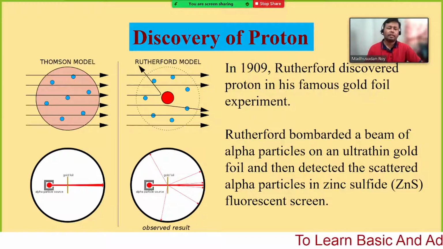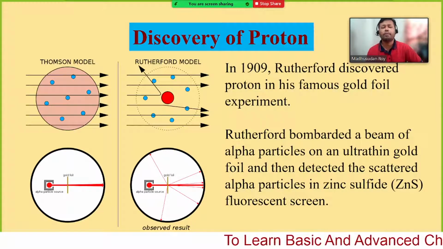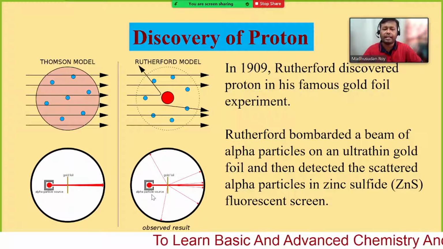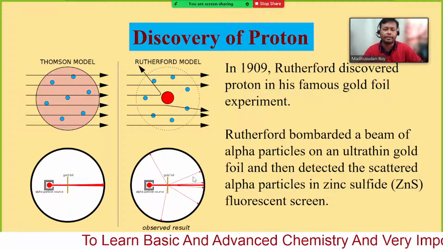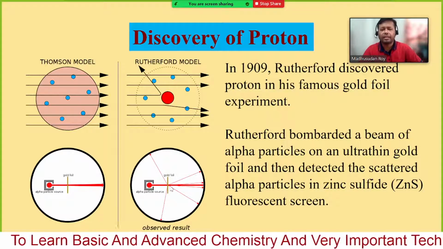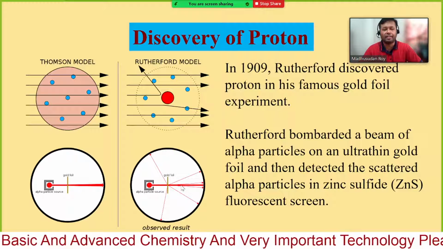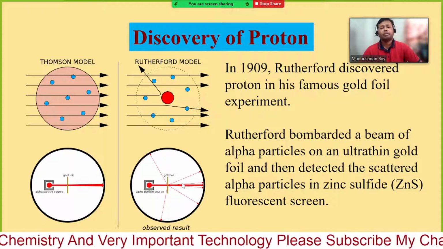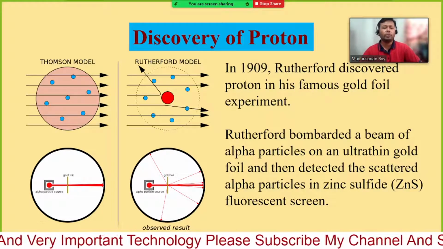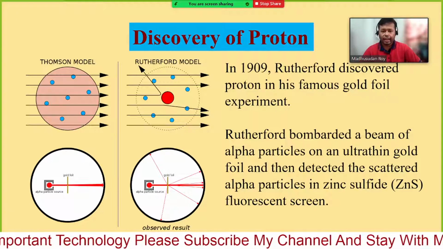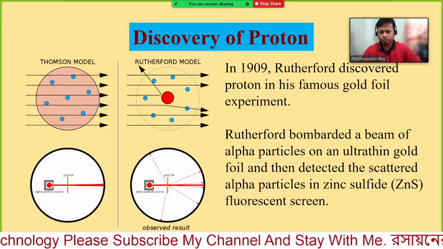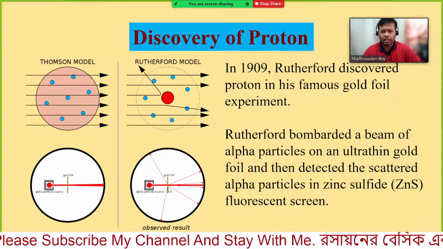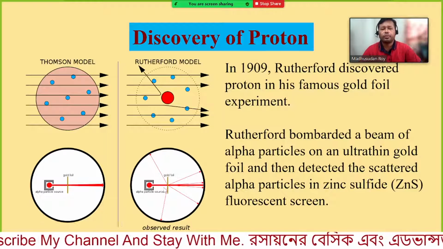But some of the alpha particles are deflected a little bit, so the angle has changed a little, not very large. But for very few of them, the angle of the reflected particle is very large.